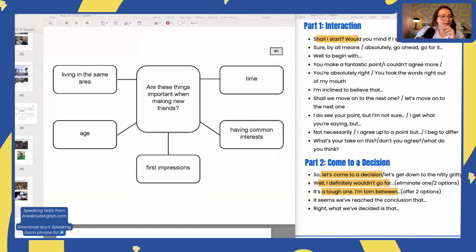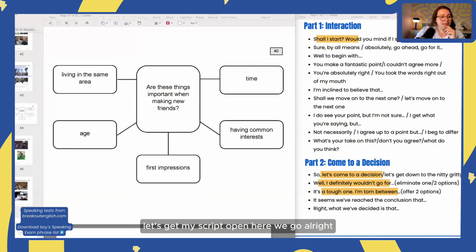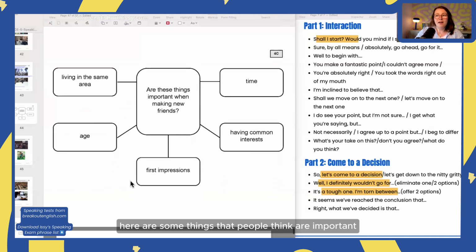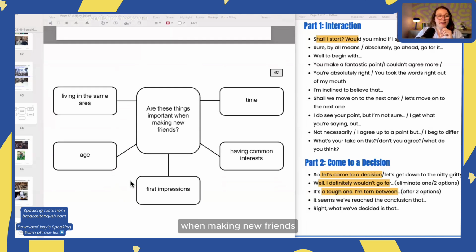Okay, let's get my script open. Here we go. All right, so the examiner would say, you know the drill. Now I'd like you to talk about something together for about 2 minutes. Here are some things that people think are important when making new friends, and a question for you to discuss.